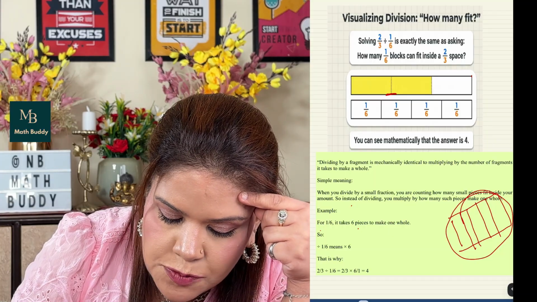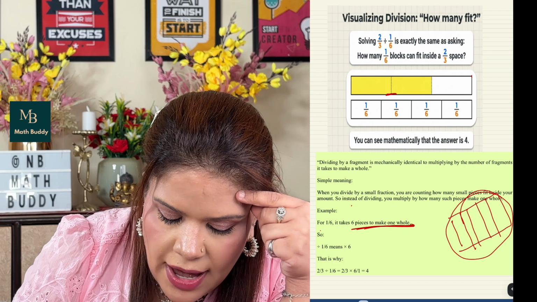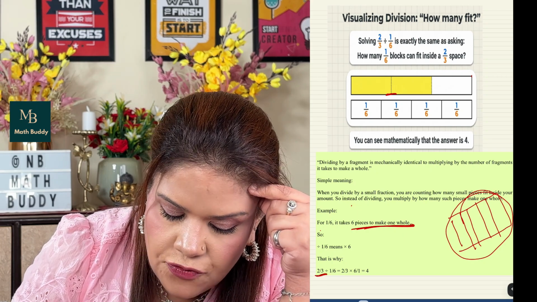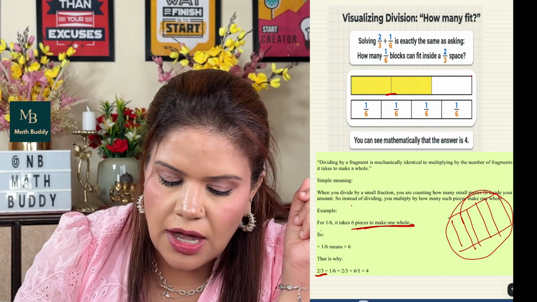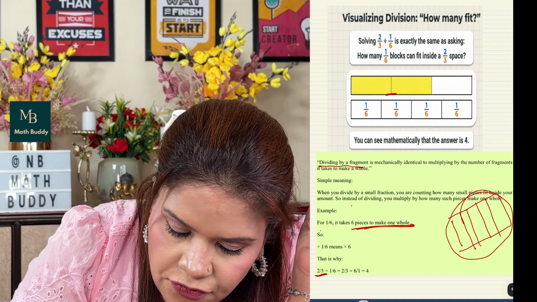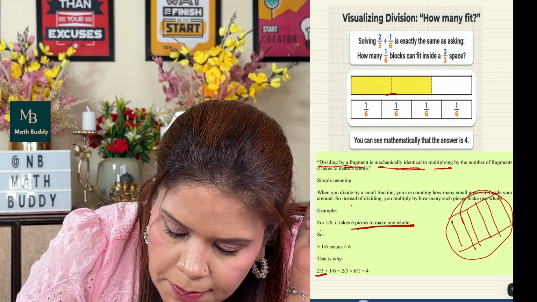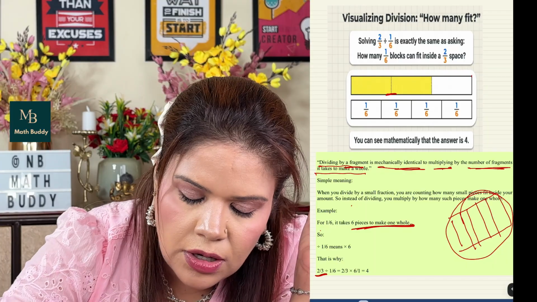It takes 6 pieces to make one whole. So that's why when we are taking 2 by 3, we are multiplying it with 6. Dividing by a fraction is mechanically identical to multiplying by the number of fragments it takes to make a whole.